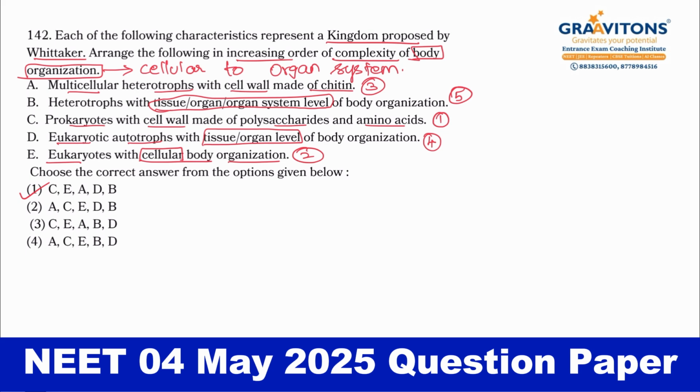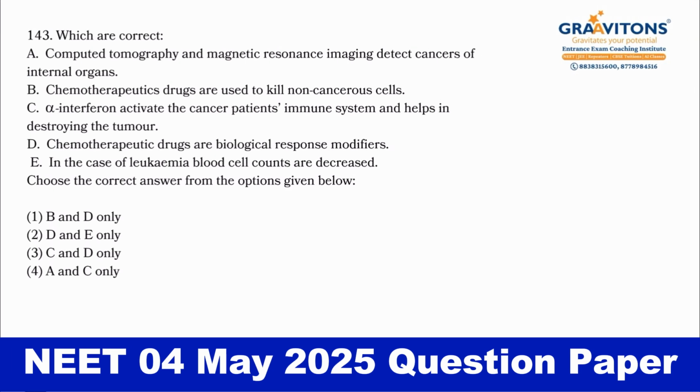And next question, question number 143. Which of the following are correct, they have asked. First statement, computed tomography and magnetic resonance imaging detect cancers of internal organs, is correct. Chemotherapeutic drugs are used to kill cancerous cells, not non-cancerous cells. And next one, alpha interferon activates the cancer patient's immune system and helps in destroying the tumor. It is correct.